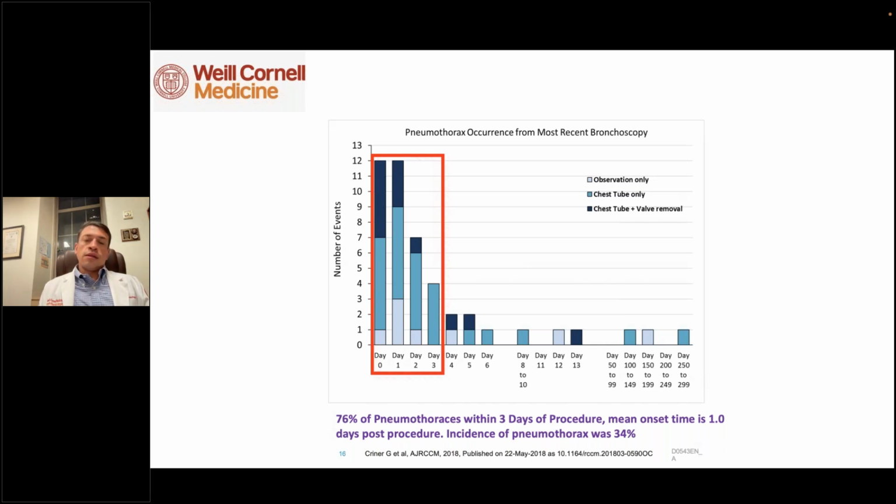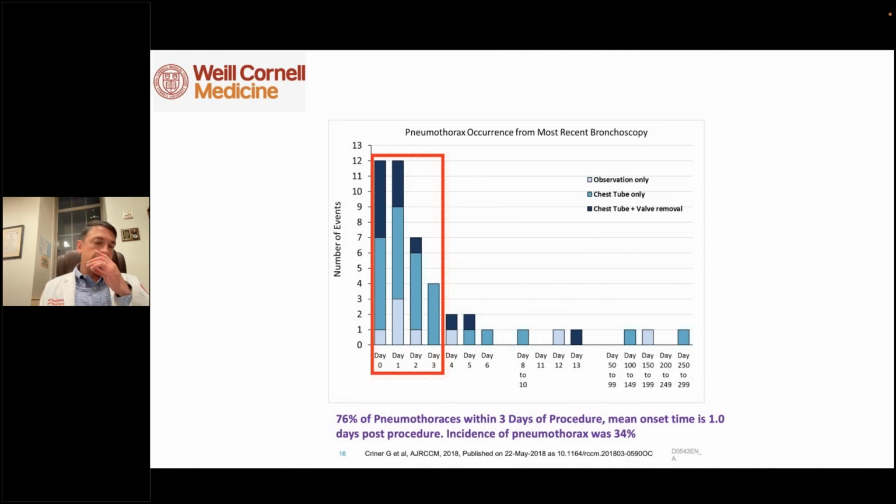And the reason why pneumothorax occurs, we believe, is because the ipsilateral lobe will expand to fill the space that was previously filled by the lobe that was just closed. And in the process of this expansion, you should expect a pneumothorax, particularly if there is significant emphysema present.